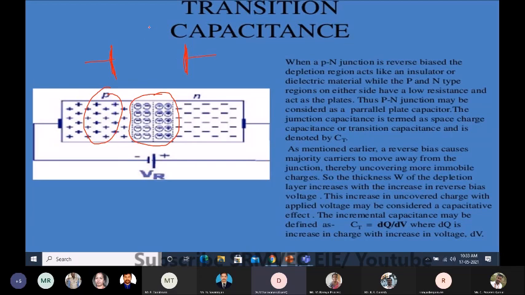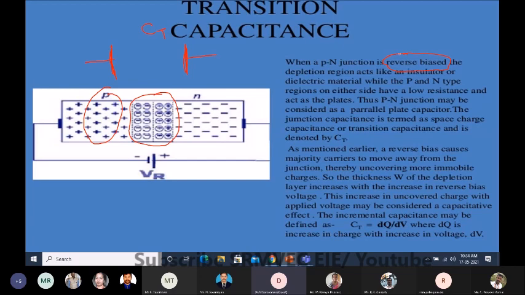So this forms a capacitor, what we call a transition capacitor, and this usually happens in reverse bias. Very important: the transition capacitance happens in the reverse-biased junction diode, and this is due to the intermediate layer along with the P and N acting as a parallel plate.